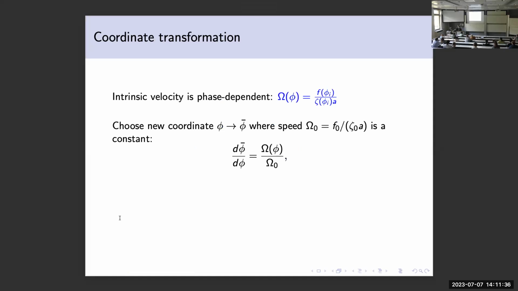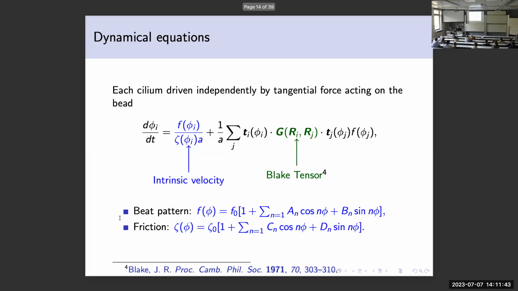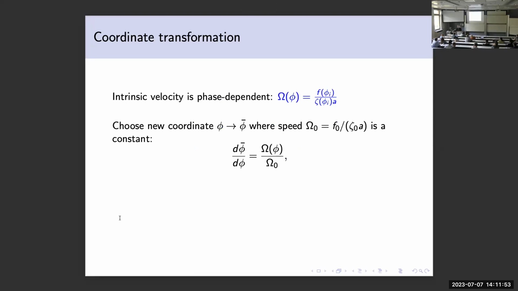The first thing is, if we're looking for an emergent wave, that wave is going to have some frequency associated with it. And the first thing to notice is that this equation for phi has an intrinsic velocity that is not constant. It depends on the phase. But we can choose a new coordinate which has a constant intrinsic velocity. So basically, I'm just choosing a new phi.